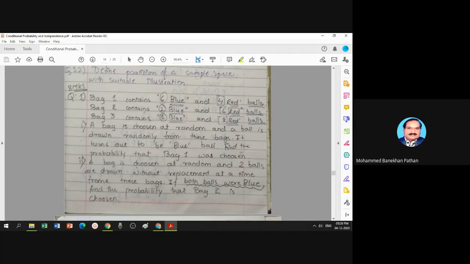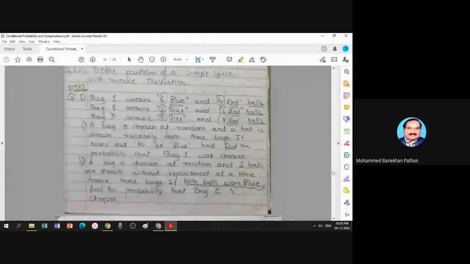This is your first question. Number 2, a bag is chosen at random and 2 balls are drawn without replacement at a time from the selected bag. If both balls were blue, find the probability that bag 2 is chosen.